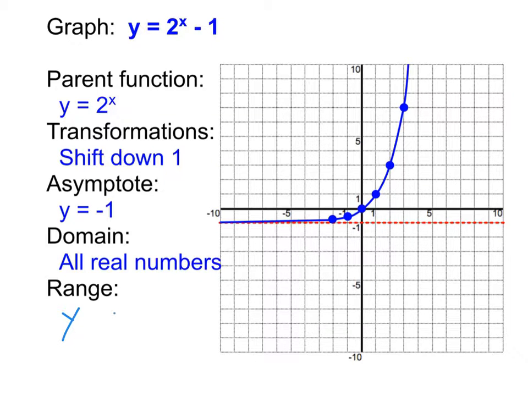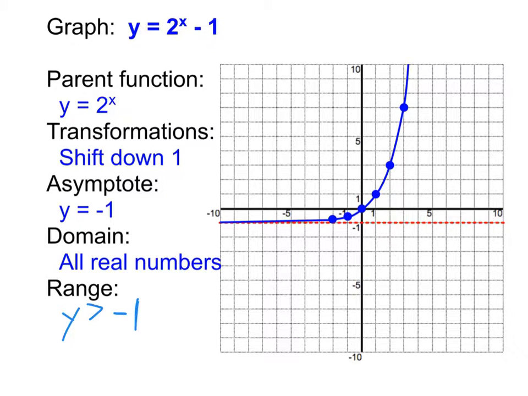And so the -1 is the number that's in the range. That will be true every single time. This number right here is the asymptote. And you notice our asymptote is y equals -1. Well, our range is the same thing, just it's not equal. It's y is greater than -1.